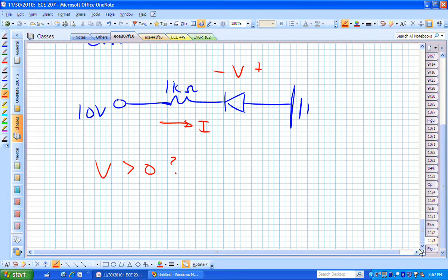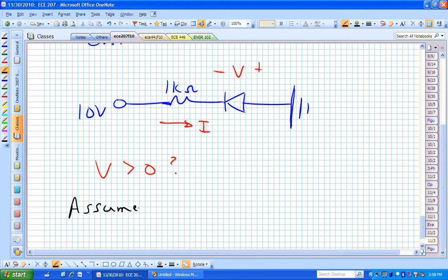In order for it to conduct, you need its voltage across it to be positive from the anode to cathode. If you had to guess, would that diode in this configuration be conducting or not conducting? Not conducting, but it's not that critical. Let's just assume, though, to do the analysis, let's just assume one or the other.